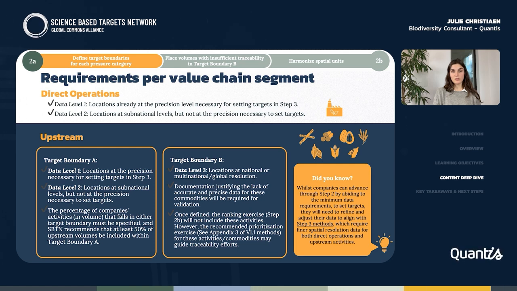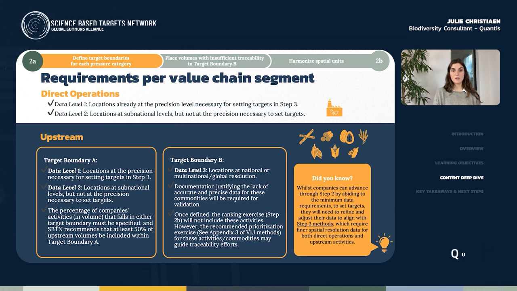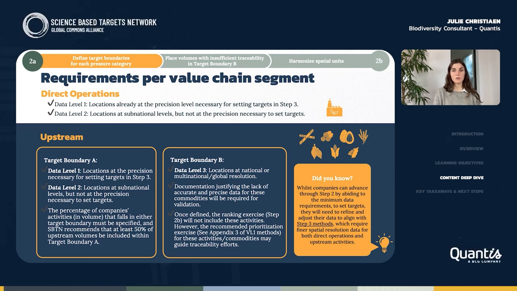For upstream activities, there are two boundaries per material pressure. Target boundary A includes locations with sufficient geographic precision, at least at the subnational level known or estimated. Inside that target boundary, we can distinguish between two levels of data availability.